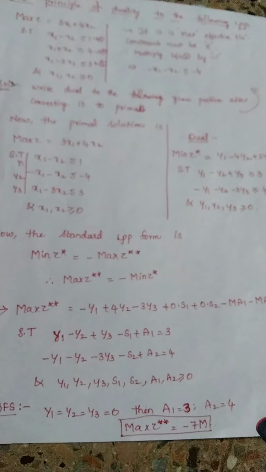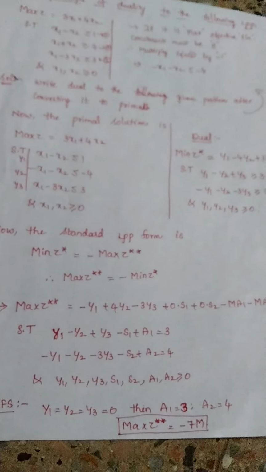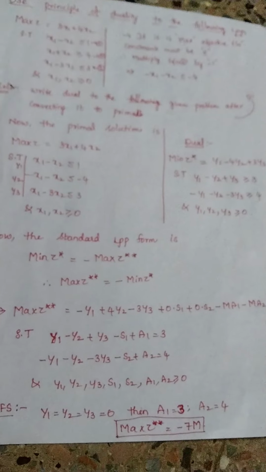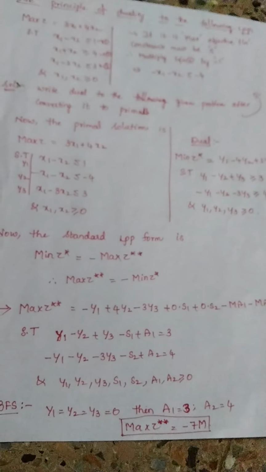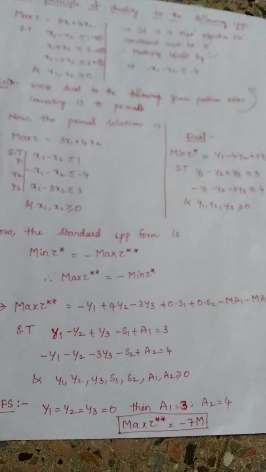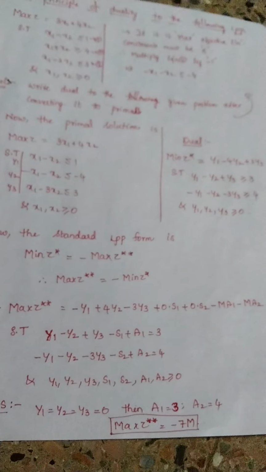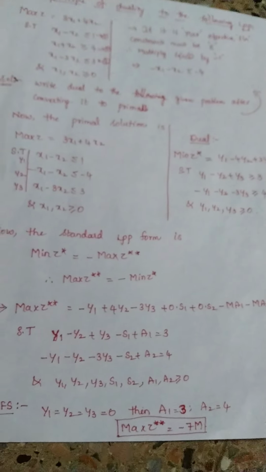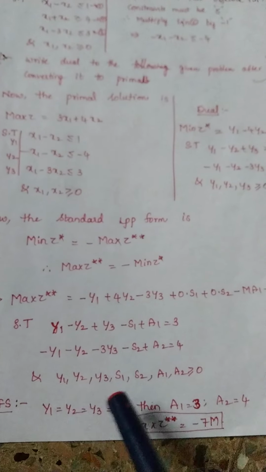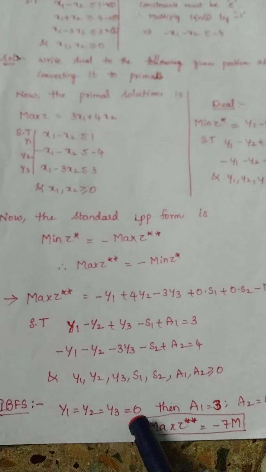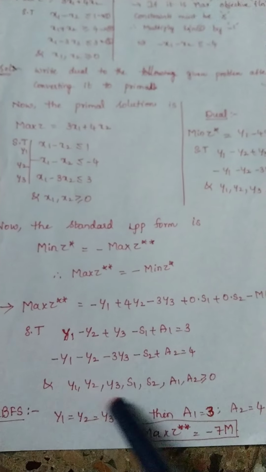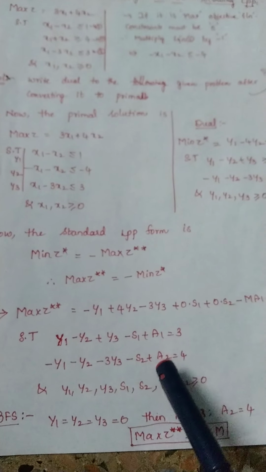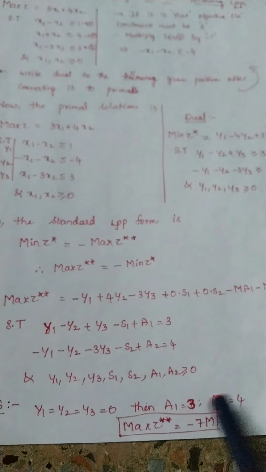Here the decision variables have been changed: in the primal the decision variables are x1 and x2, but in the dual we are having the decision variables as y1, y2, y3. So after substituting y1, y2, y3 as 0, what will you get here? a1 equals 3 and a2 equals 4.